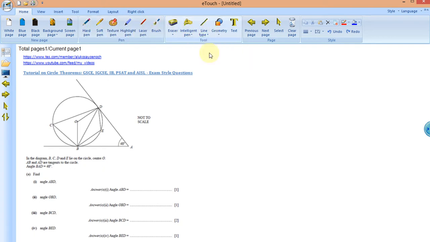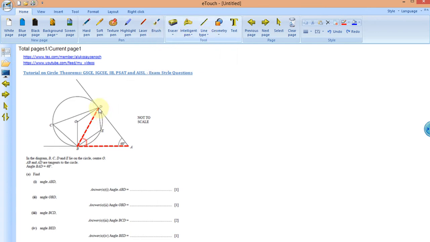So ABD, from point A down to B and D, and the angle there is angle B, the middle angle. We have to find this angle. Let me complete this diagram.